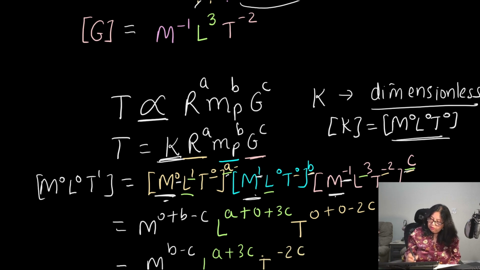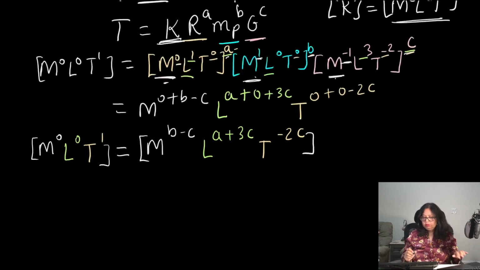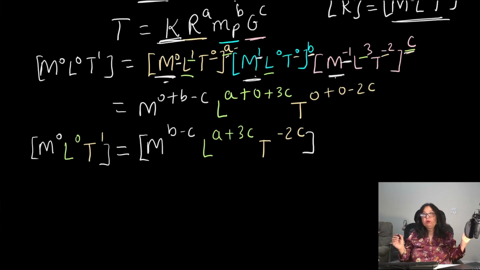Let's write down the formula on the right hand side. T to the power 1, L to the power 0, and I got here M to the power 0. Let's put these in parentheses. So I hope by now you know what I'm going to do next.